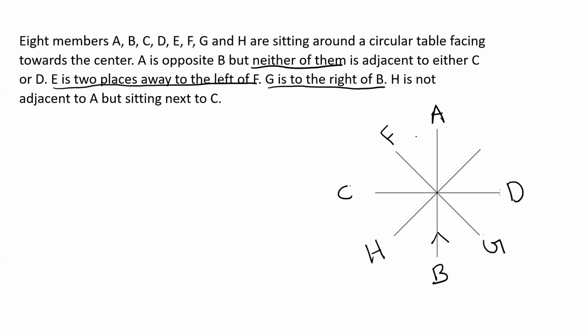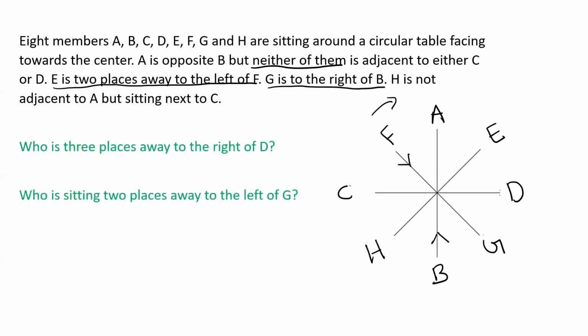If you are sitting at this position, when you are facing towards the center of the table, this will be your left now. 2 places away means that there should be exactly one person sitting between E and F. So this person should be E now. So this is the final arrangement. Now let us solve questions based on this.